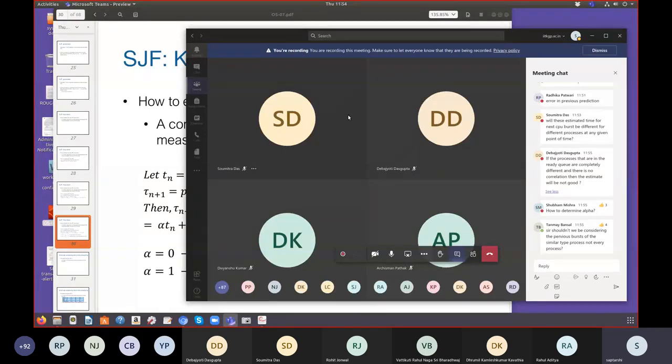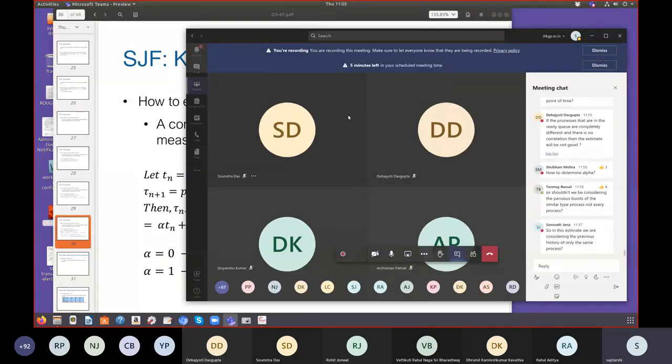So based on that kind of a distribution, not from the history of this process but from overall history, you can pick the mean or something like that, and that would be your default estimate for processes which have not run at all.